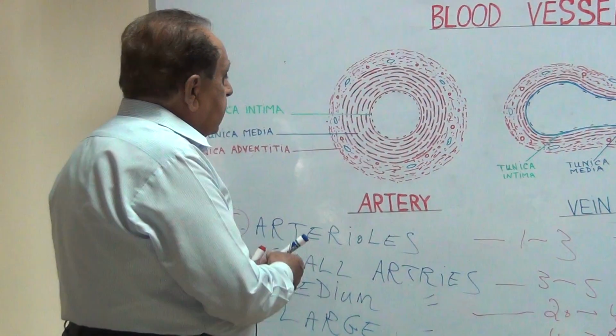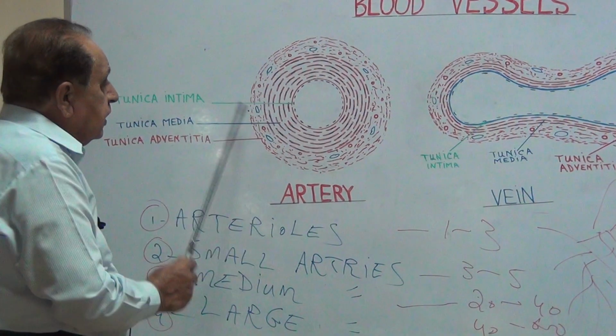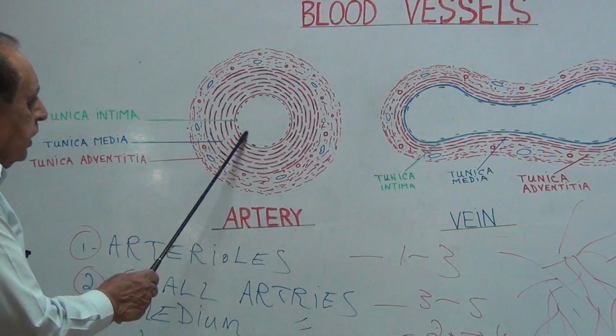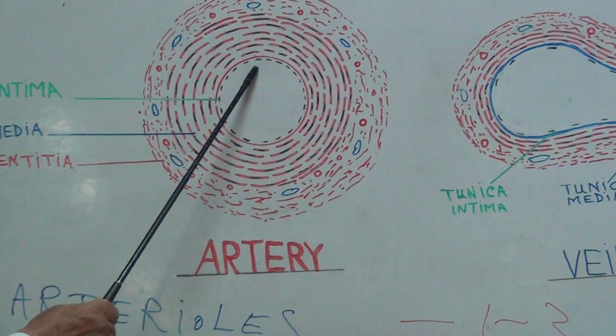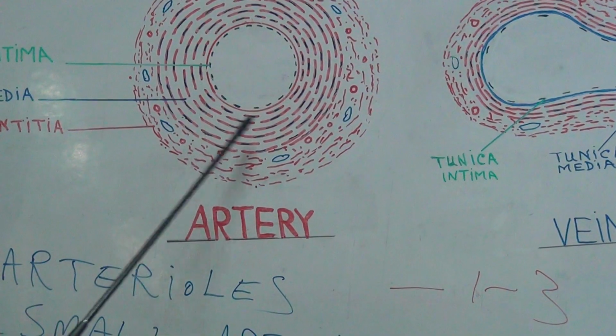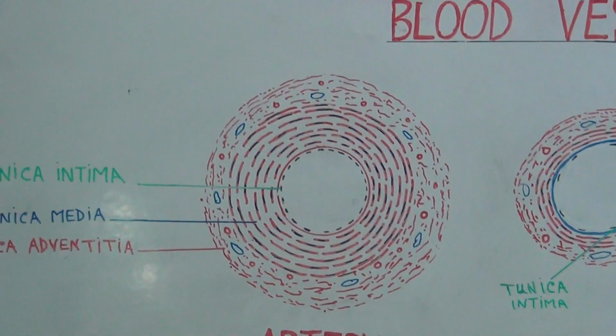Now here I will just show you. This one is the artery, and its inner portion is lined by simple squamous epithelium called the endothelium. Then outer to the endothelium, this thick layer is the tunica media.